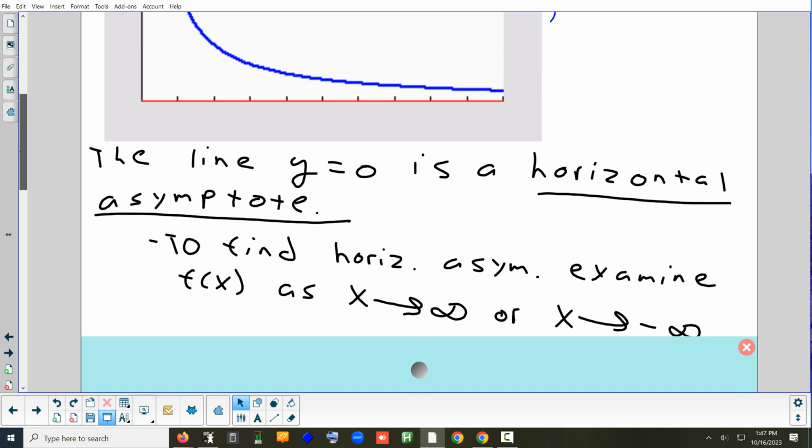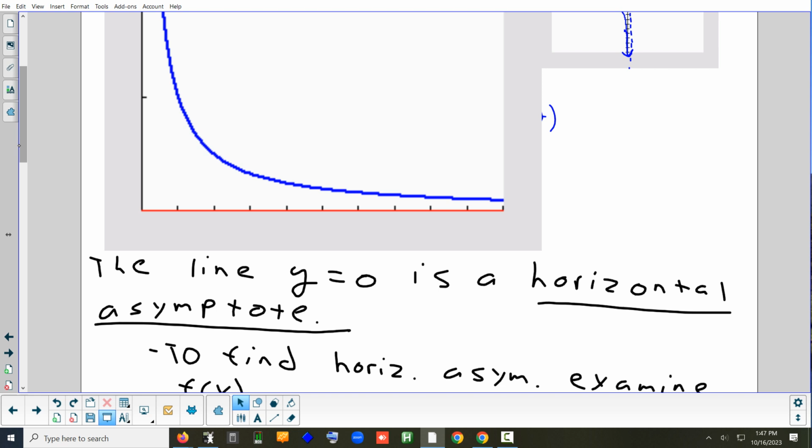So how do you find a horizontal asymptote? Well, you basically look at your graph, and you look at what happens as you keep heading further and further away, either left or right. It's going to be the same thing. As you head further and further away, ask yourself, what are you getting close to? You're always going to be getting close to something.